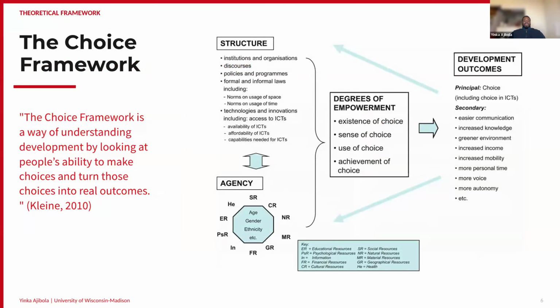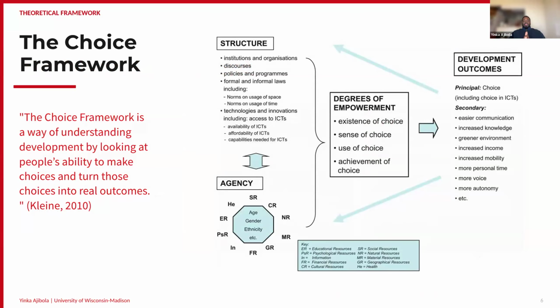Now, just to briefly talk about my theoretical framework here to make it broadly understood, I adopt Dorothea Klein's choice framework, and this framework is a way of understanding development by looking at people's ability to make choices and turn these choices into real outcomes.